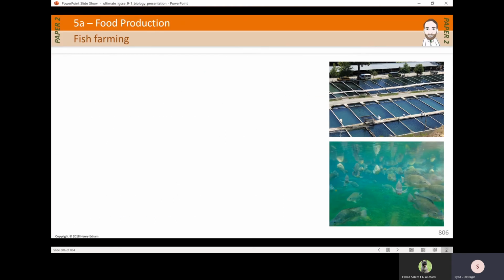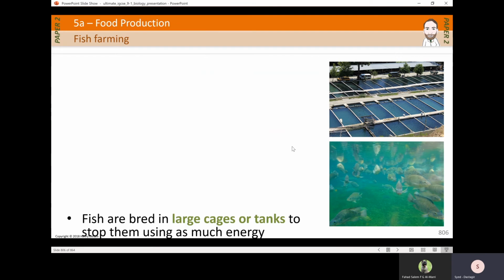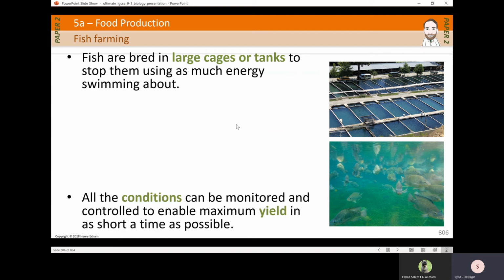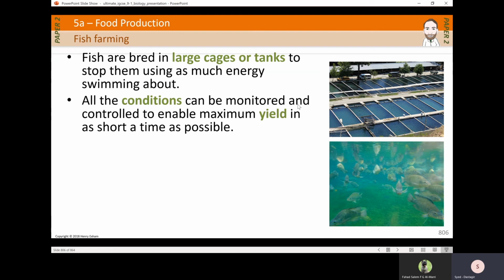As you can see from the pictures, this is an example of fish farms. Fish are bred in large cages or tanks to stop them using energy. If they don't use as much energy, obviously they get bigger. All the conditions can be monitored and controlled, so we can enable the maximum yield.